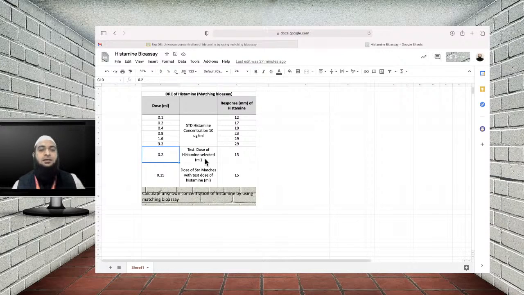The dose of the test, the dose of the histamine selected, in ml is 0.2 ml. This dose is in ml, but you need to calculate the unknown concentration in microgram per ml. So the test dose of the histamine selected is 0.2 ml. Then the dose of the standard that matches with the test dose of the histamine is 0.1 ml. Based on that you need to calculate the unknown concentration of histamine by using matching bioassay.